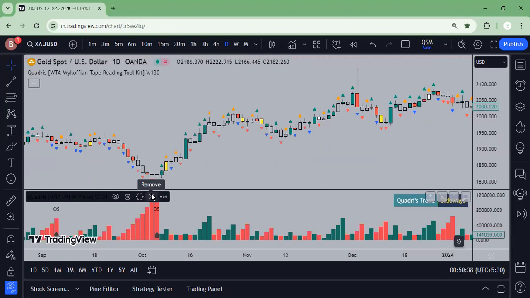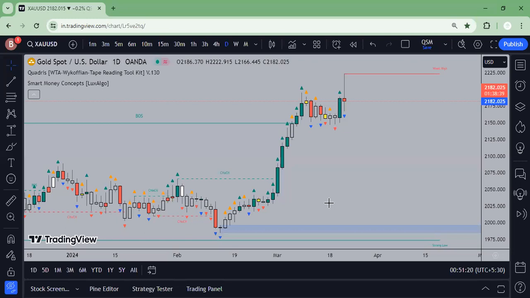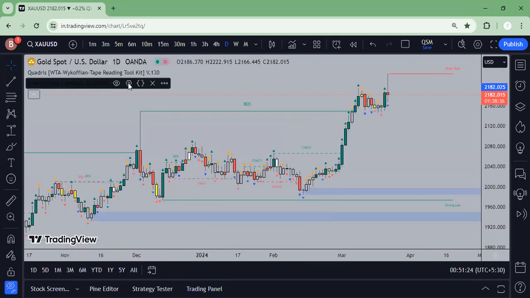I'm taking into consideration Lux Algo. So for example, if this is a change in character, what has happened over here? Why has the character changed? One second, let me bring it up. So I've applied Lux Algo.